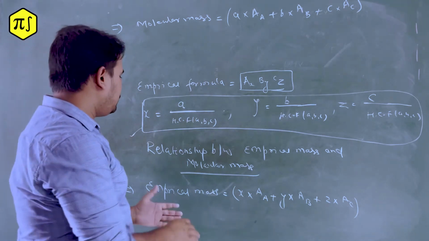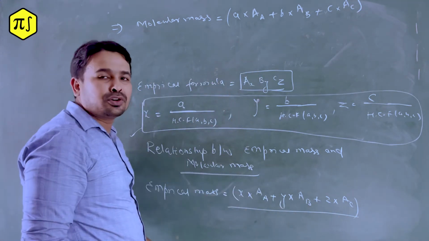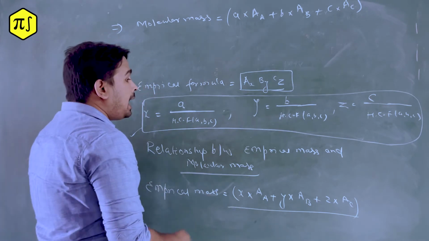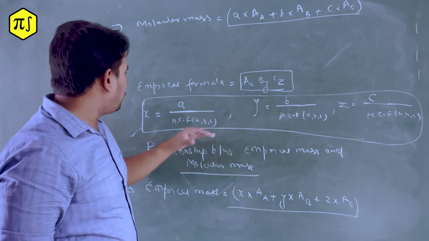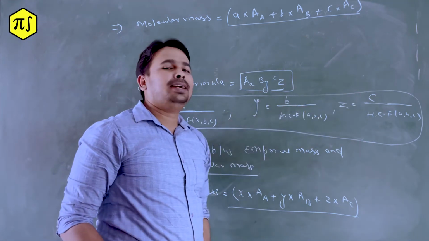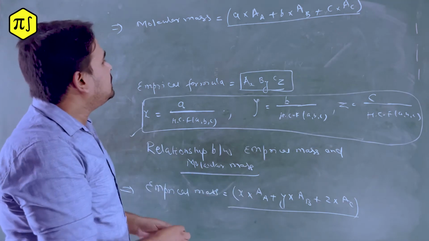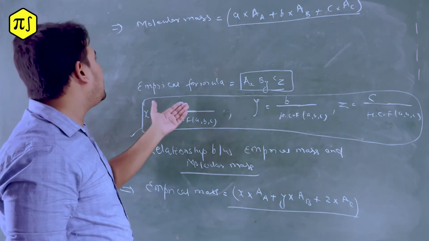Now see, we know this in terms of the atomic masses of the elements, and we know the relationship between a and X, and then b and Y, and c and Z, right? Now we can easily find the relationship right here. So we can put in the a values.